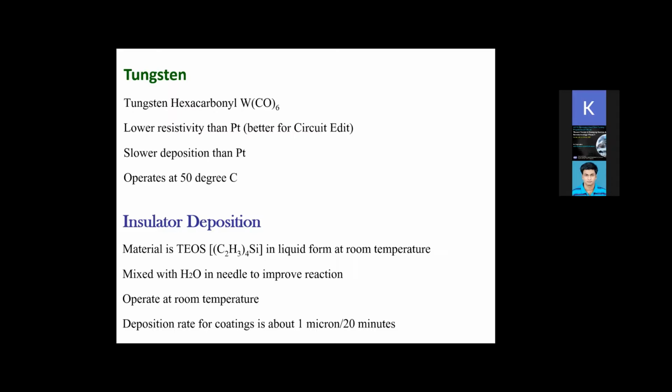You can coat the silicon surface with that oxide at a rate of 1 micron per 20 minutes. So its rate is not very bad. You can do that if you want to do a selective area oxidation. So that is a beneficial thing.